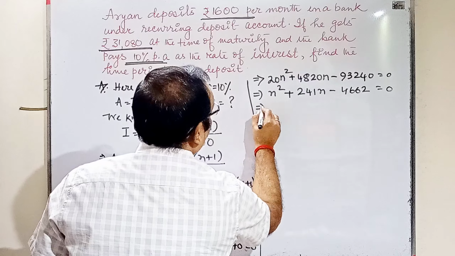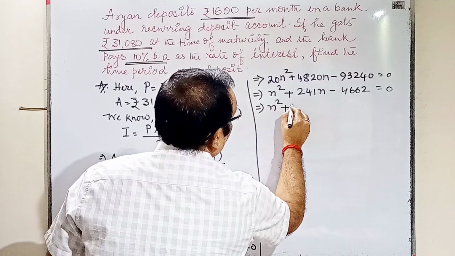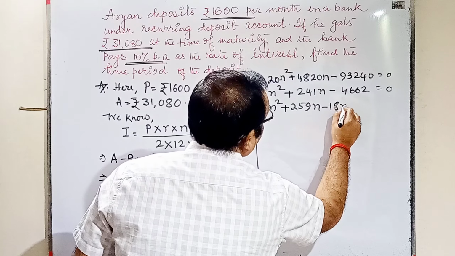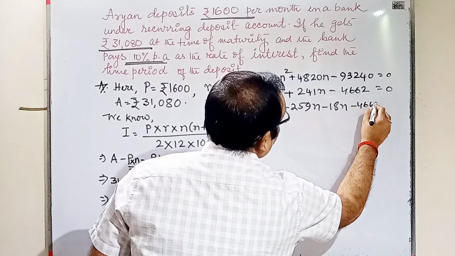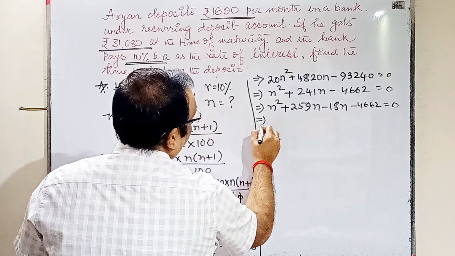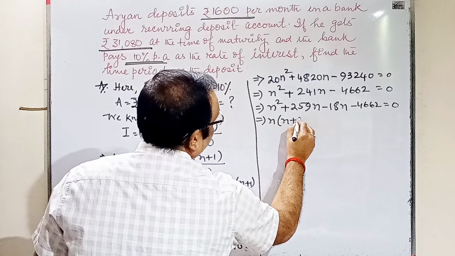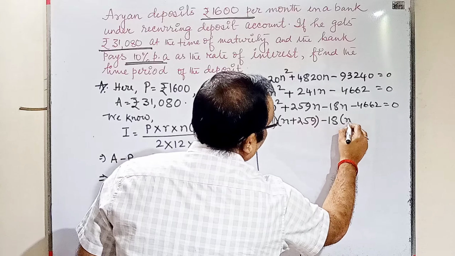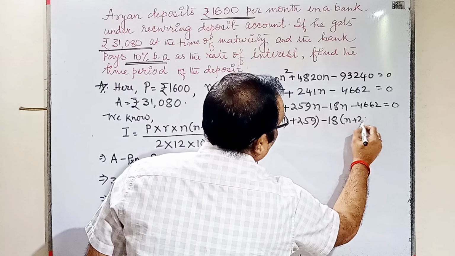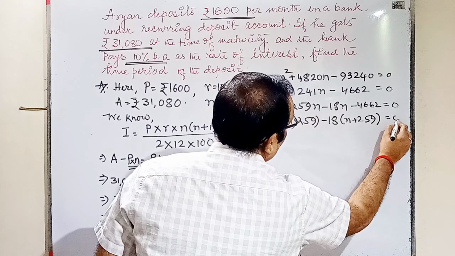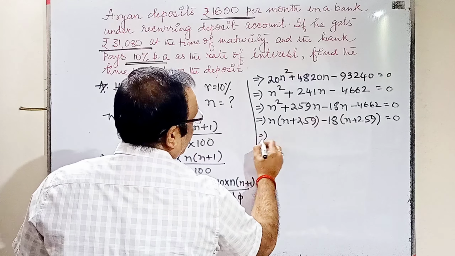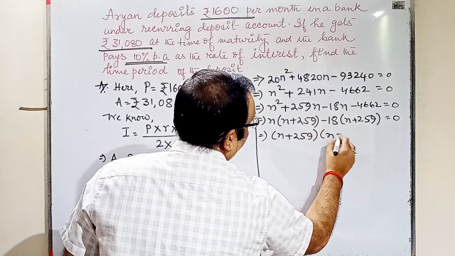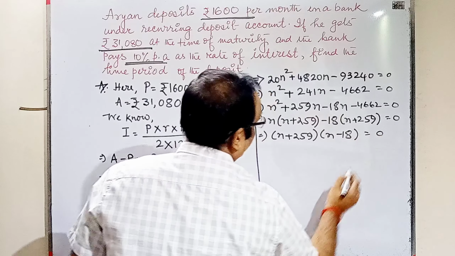So this will be equals to n square plus 259n minus 18n minus 4662 equal to 0. If we take n common, n plus 259, minus 18 common, this will also give me n plus 259 equal to 0. So this is equals to n plus 259 into n minus 18 equal to 0.